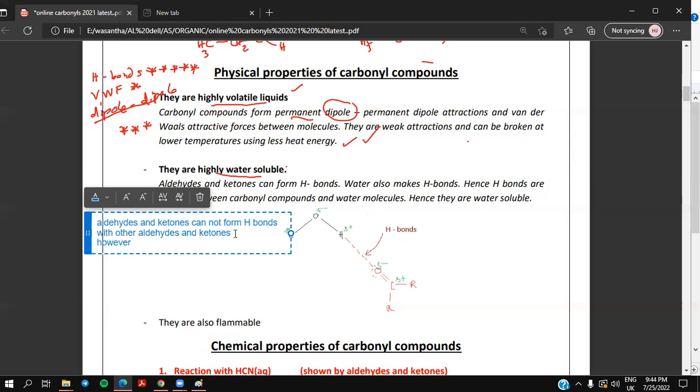However, aldehydes and ketones can form hydrogen bonds with another compound which can form hydrogen bonds.